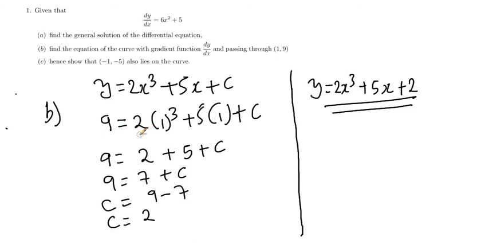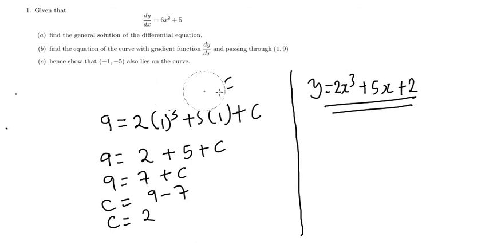Lastly, we are required to show that this point (-1, -5) also lies on the curve. Okay, allow me to rub again so that we can have some space.